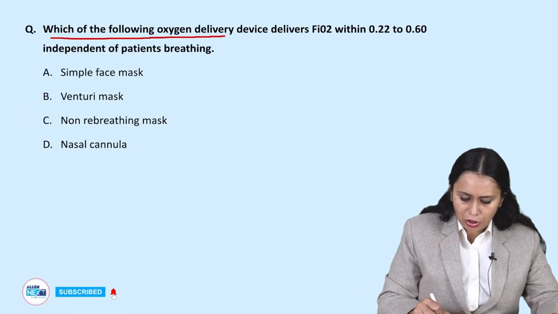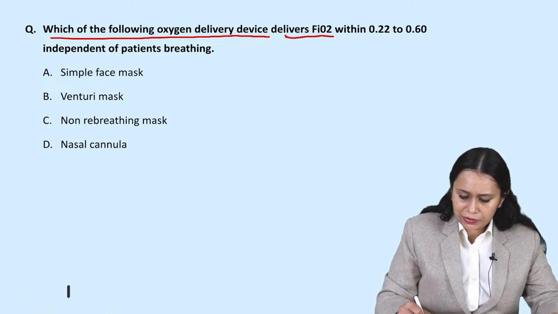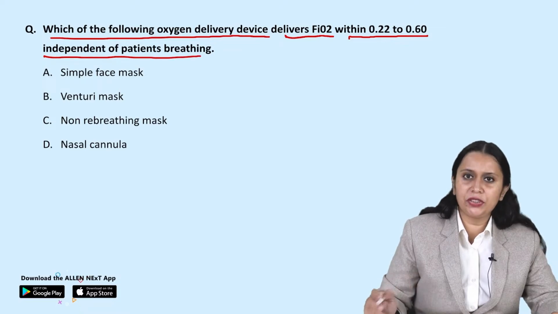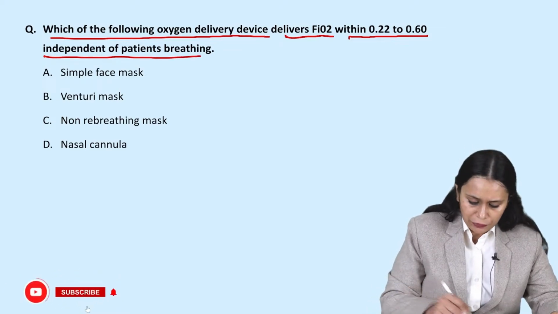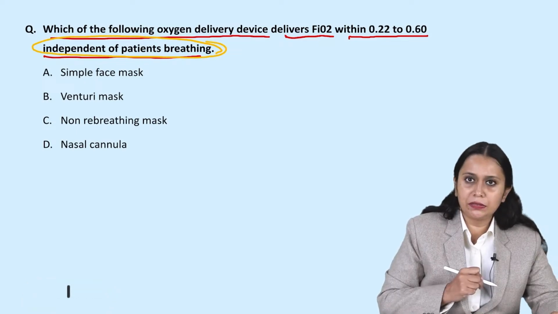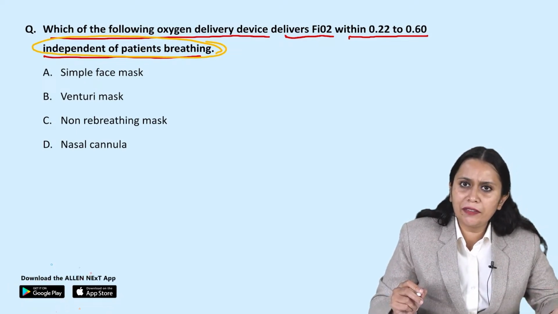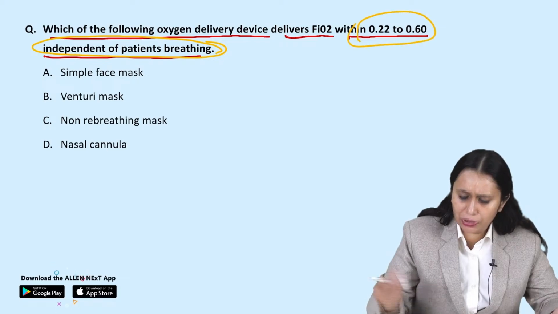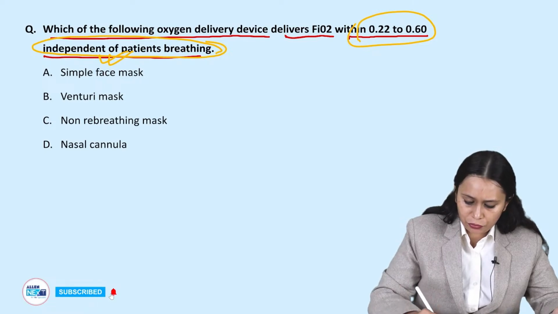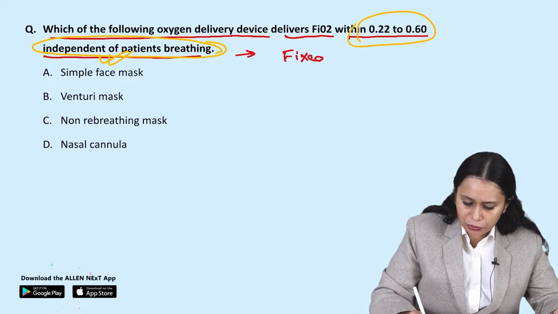Which of the following oxygen delivery devices delivers FiO2 within 0.2 to 0.6 independent of the patient's breathing? Well, if you see the term independent of the patient's breathing, what oxygen delivering device do you choose? Don't pay attention to the FiO2 figures. If you see independent of the patient's breathing, you have to choose the device which provides fixed FiO2.